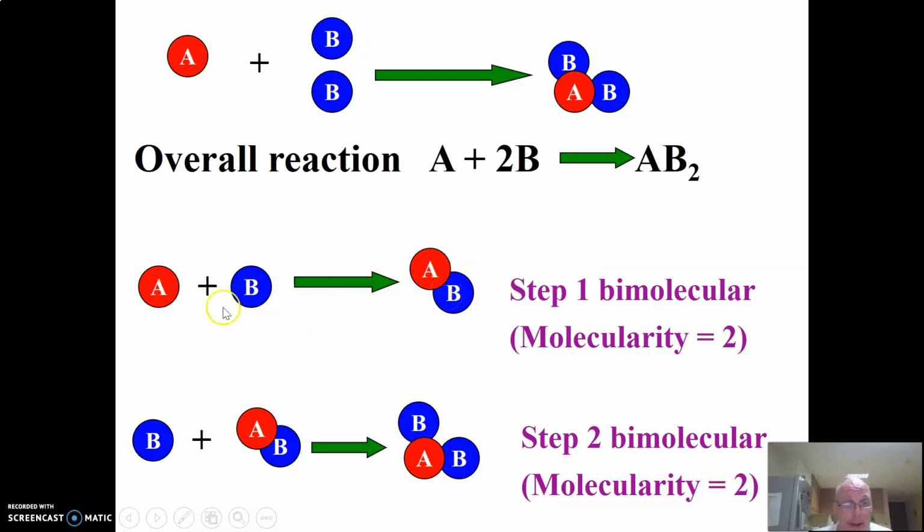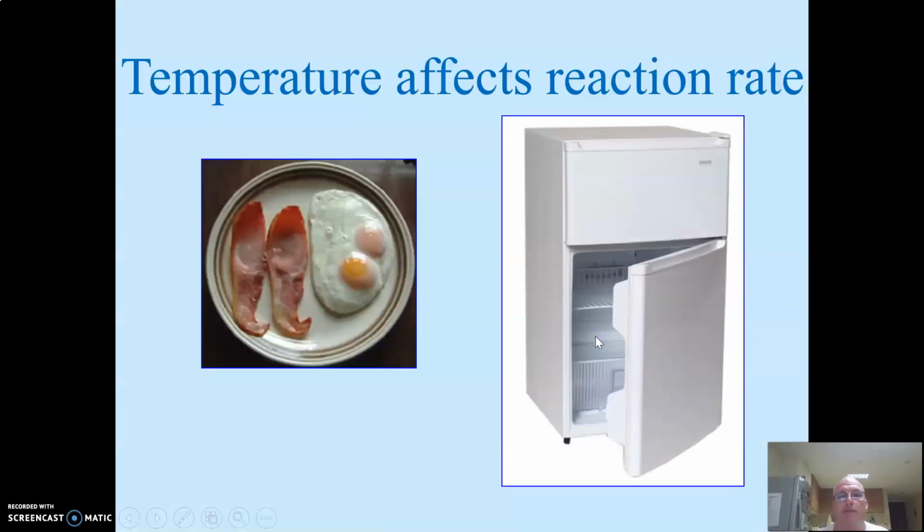That's step 1, and it's bimolecular. You can see 2 particles involved. Molecularity is 2. And in the second step, the second B particle then collides with the AB to give the final product. Now you can see that this and this can be crossed out. And so overall, the overall equation is then shown there, okay? But there are 2 steps and they're both bimolecular. So that's what I mean by mechanism, okay?